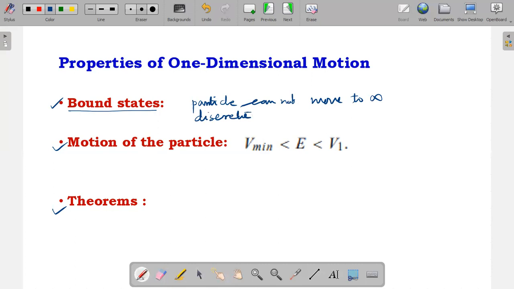In this case, based on the diagram, we can explain the motion of the particle, and this state is called a bound state.